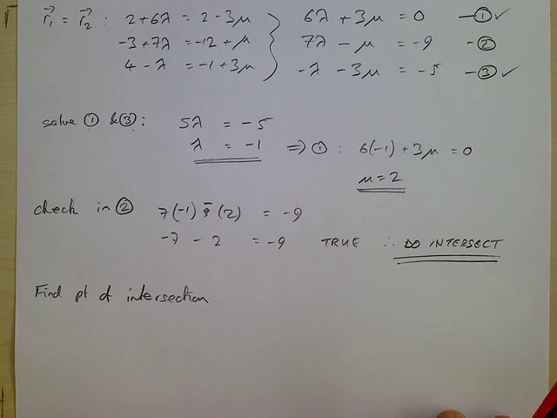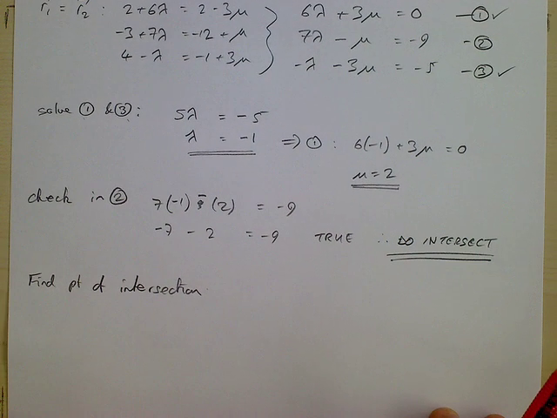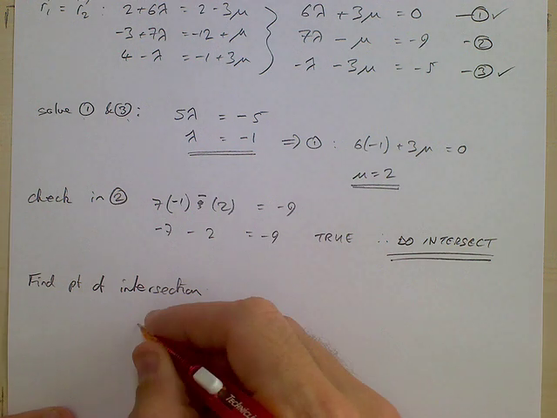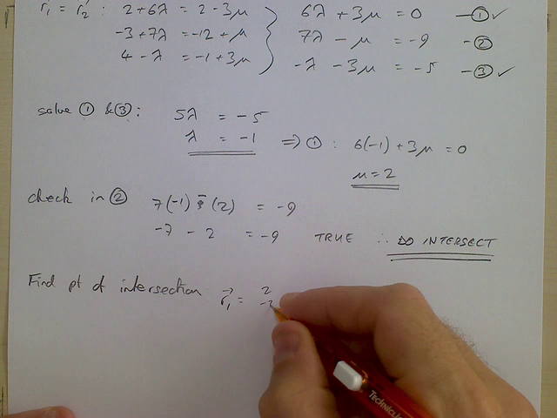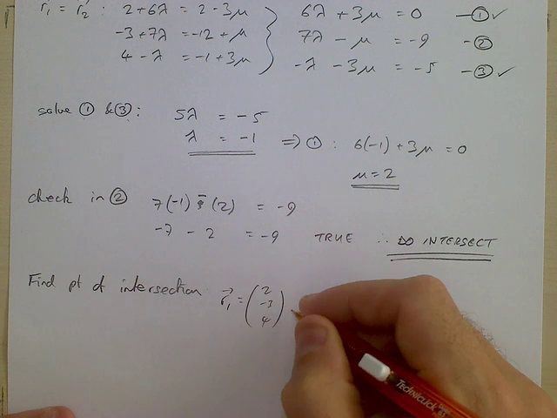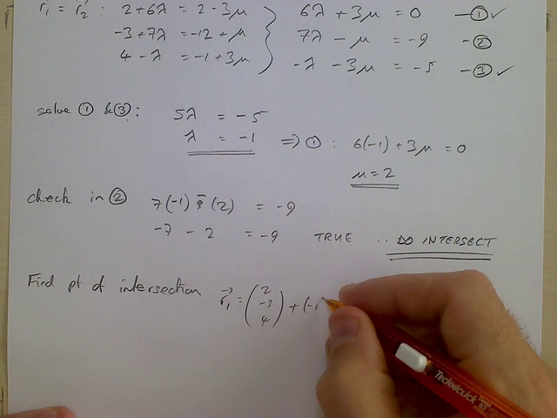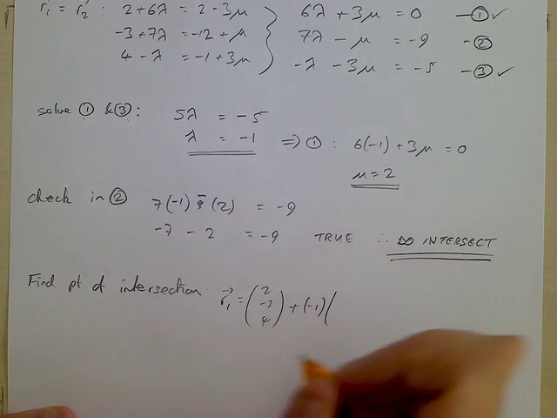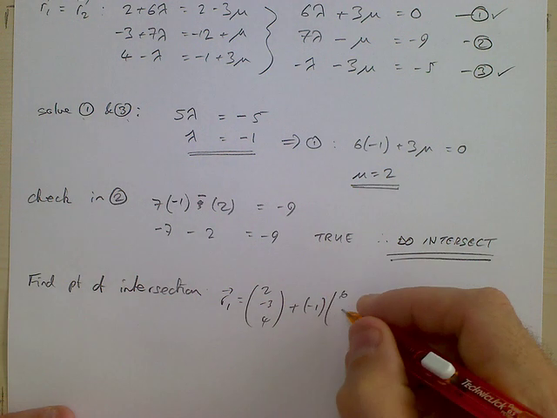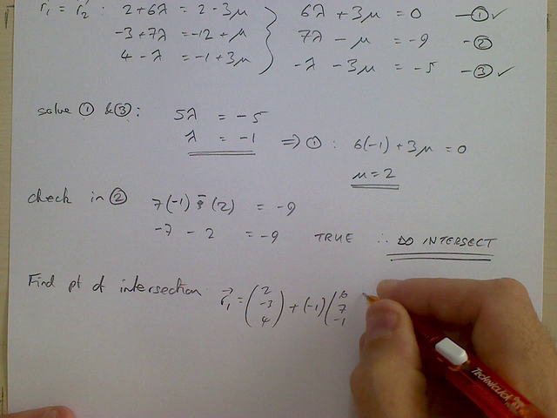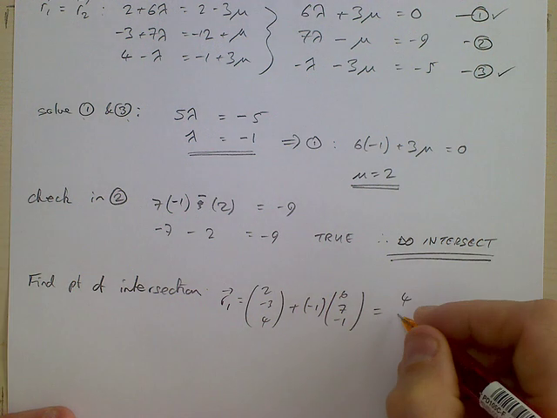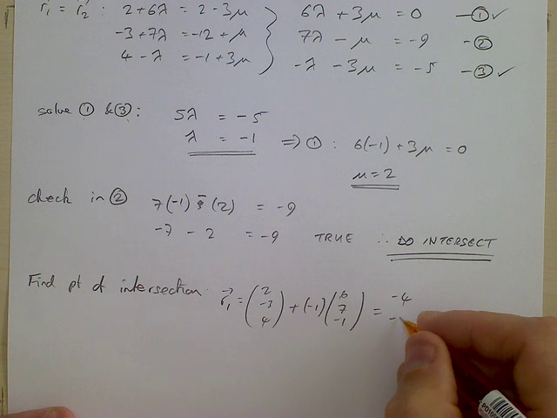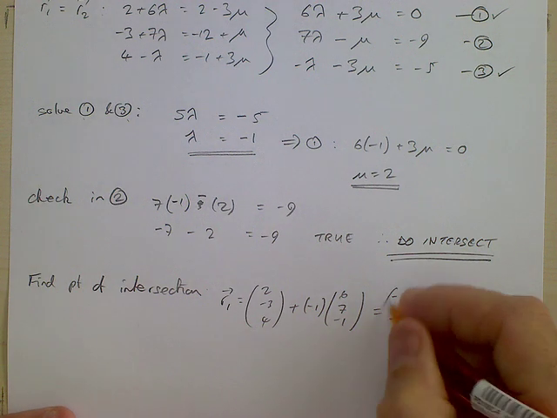So if I go back to the equation for R1, R1 is going to be 2 minus 3, 4, plus lambda, which I know is minus 1, lots of 6, 7, minus 1, gives me the vector negative 4, negative 10, 5.